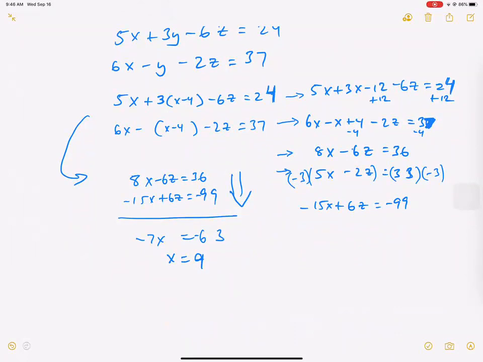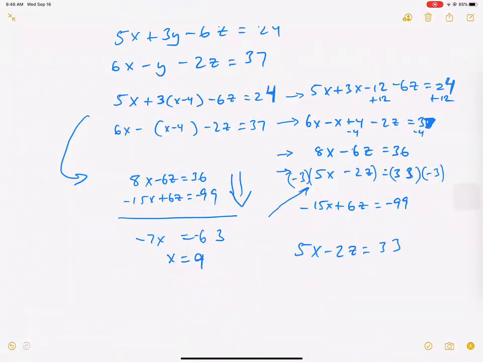Now, once we solve for x, look back here. What could we solve for? If I solve for x, now we can solve for what? And if you don't want to use these equations, you can come back and use any of these. Maybe this one would have been easy right here. I'm going to use this guy here: 5x minus 2z equals 33.